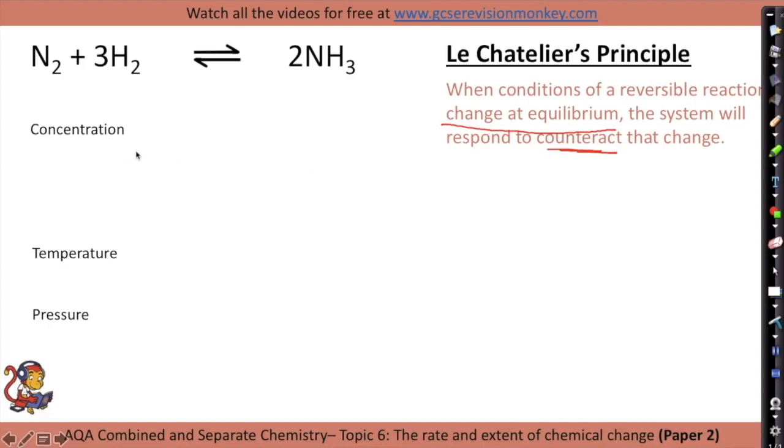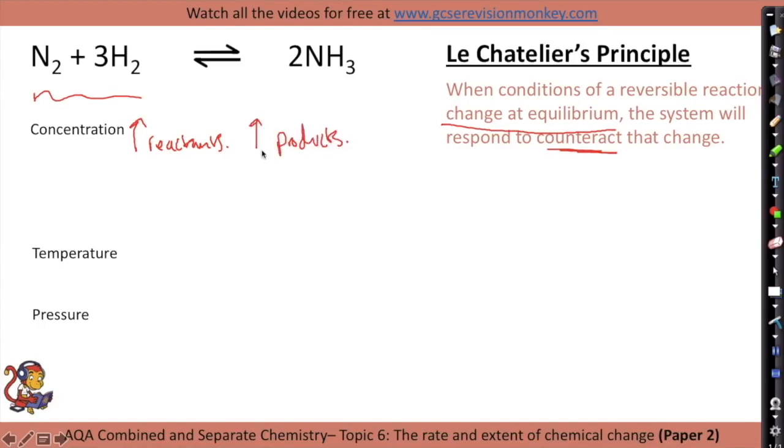If, for example, the concentration of these reactants increased, then more products would be made. So the concentration of reactants increasing leads to an increase in the concentration of products.